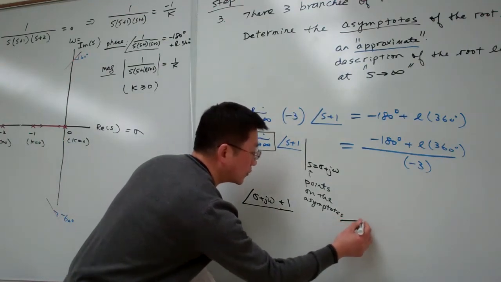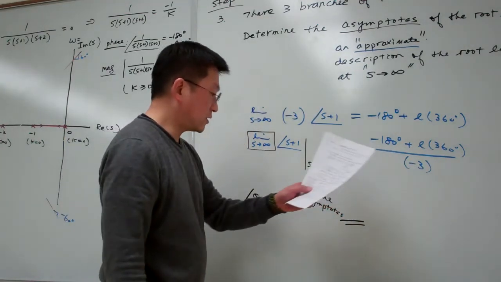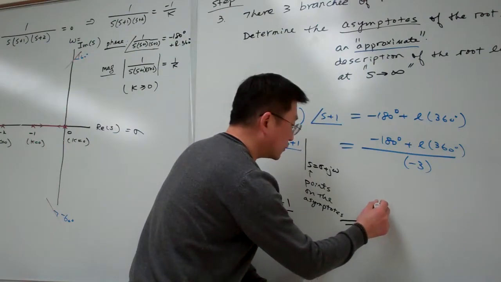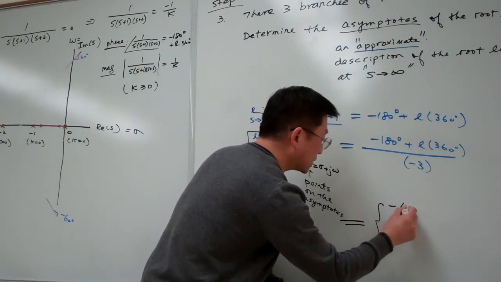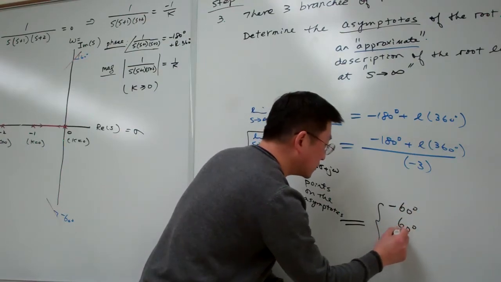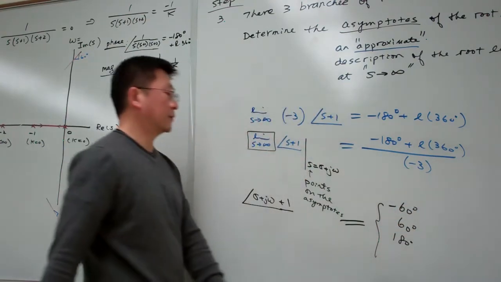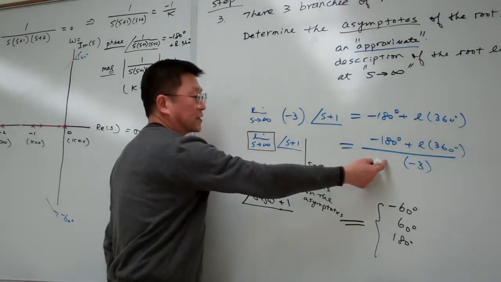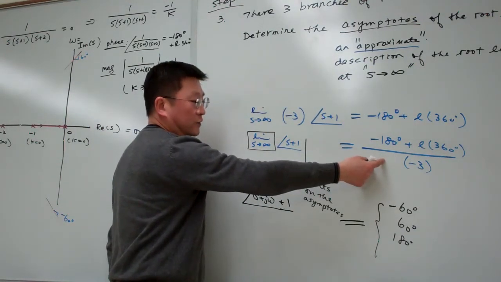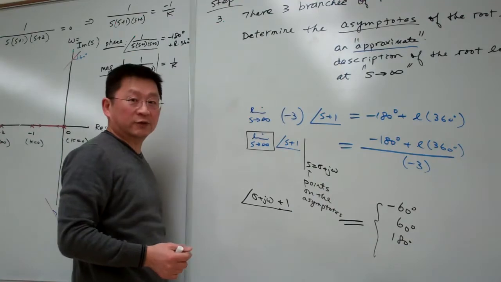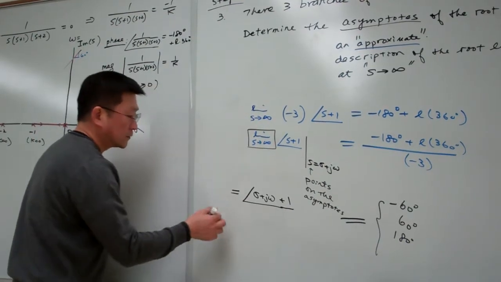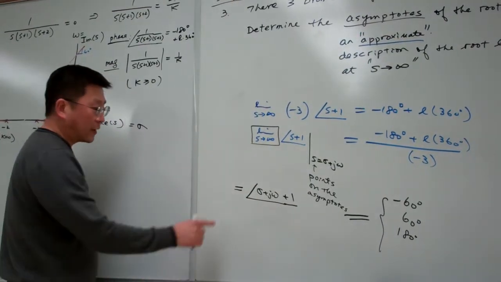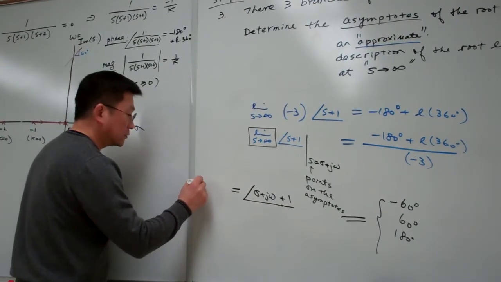Okay, and that one will be equal to, on this side, from here we already have done that one. This could have 3 values, minus 60 degrees, 60 degrees, and 180 degrees, right? Okay, so the right-hand side here we have done earlier in the previous step. So here I simply copy the result here. So we have this formula. So what is this? This is the angle. Angle basically is arctangent.